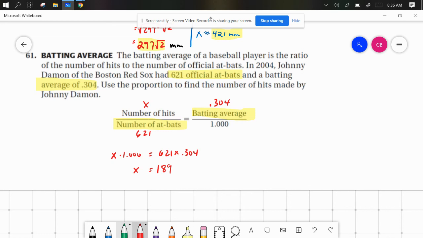Okay, so Johnny Damon had 189 hits for the Boston Red Sox in 2004.